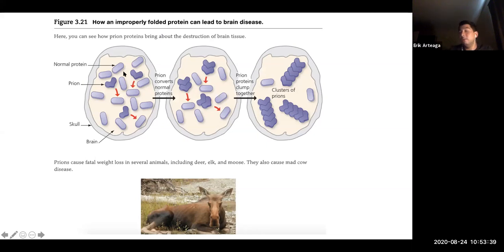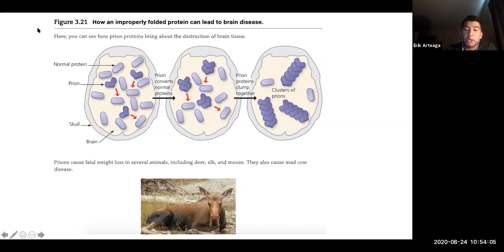I don't know if any of you have ever heard of mad cow disease, but it's the disease that kind of came about in the early 90s in Great Britain. This was an issue because they were feeding cows other cows, which you don't ever want to do. Okay. Again, for this reason, you can develop prion diseases, right?